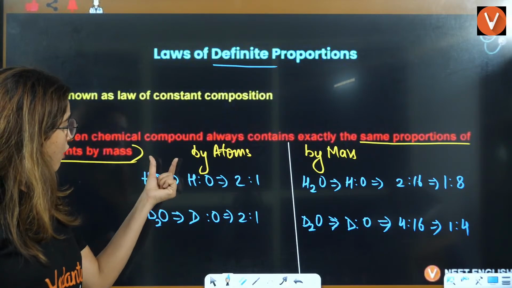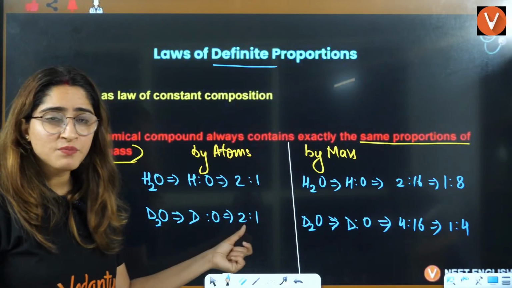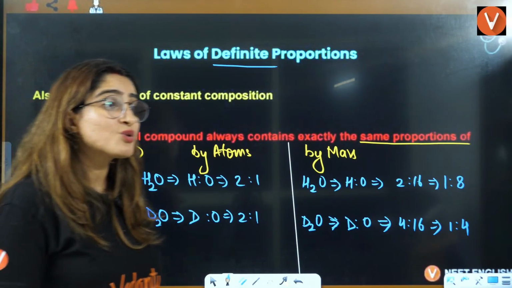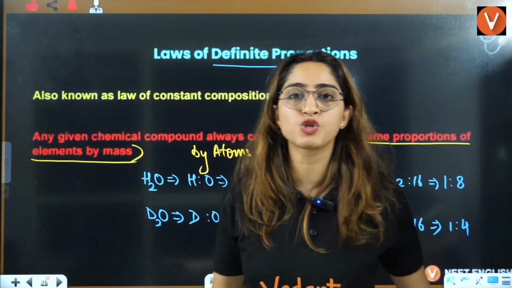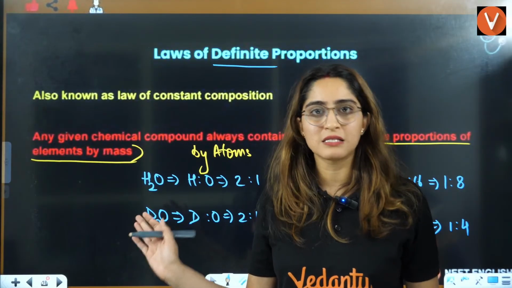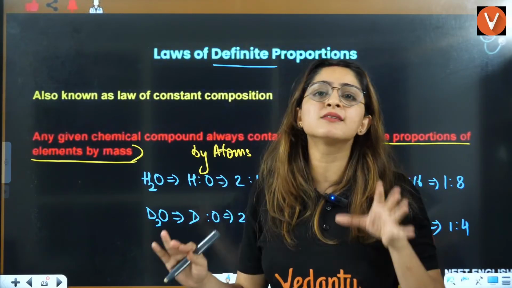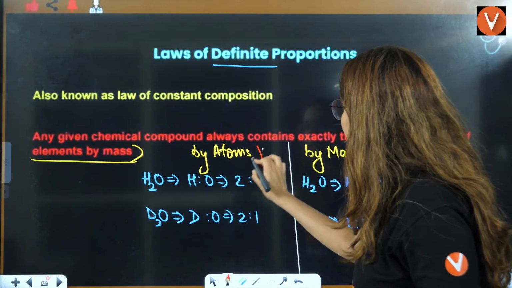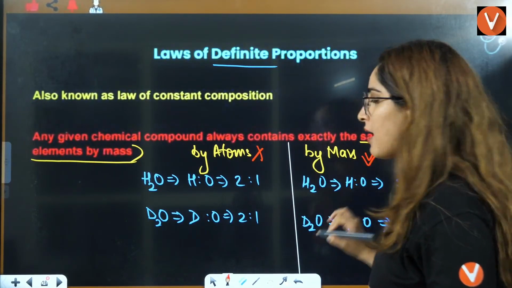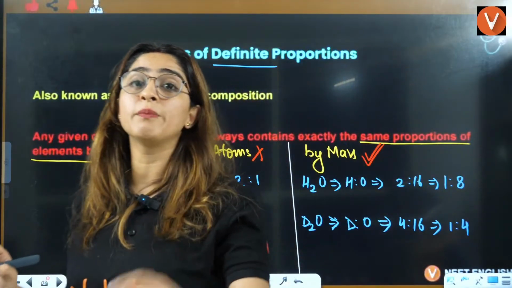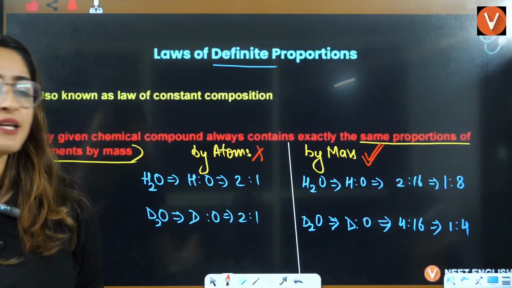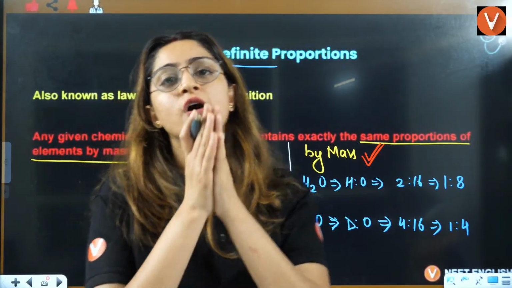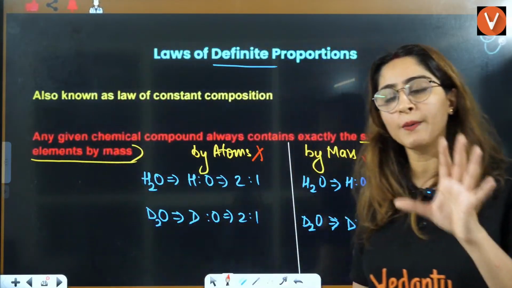Now, by atoms, H2O and D2O have the same ratio. There might be other elements also which have the same ratio. So to omit this confusion, we don't apply by atoms, rather we talk about by mass, because by mass there will be more clarity. So we talk about the same proportion of elements by mass.